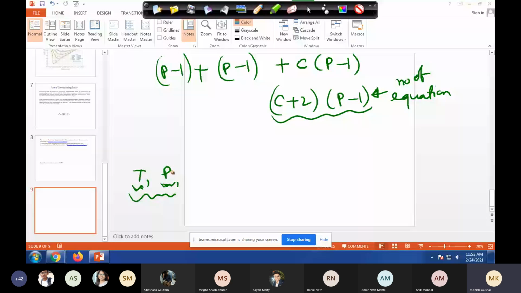Mu for each component, isn't it? Mu for a given component for different phases. So T and P are two variables, and then the unknowns for different phases.